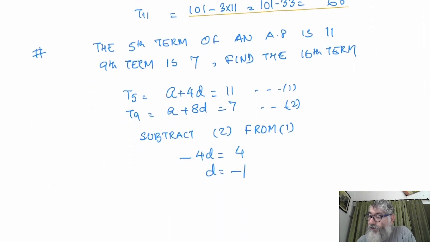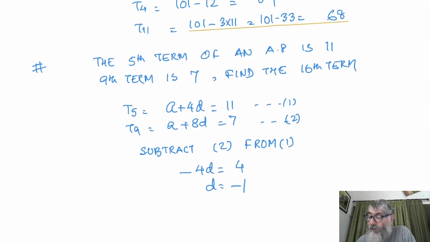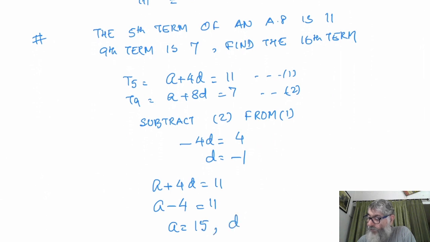So once you've got D as minus 1, let us find out A. A plus 4D is 11. So A minus 4, because 4D will be minus 4, is equal to 11, or A will be 15. So A is 15, D is minus 1. We have got A and we have got D. Now what do we do?